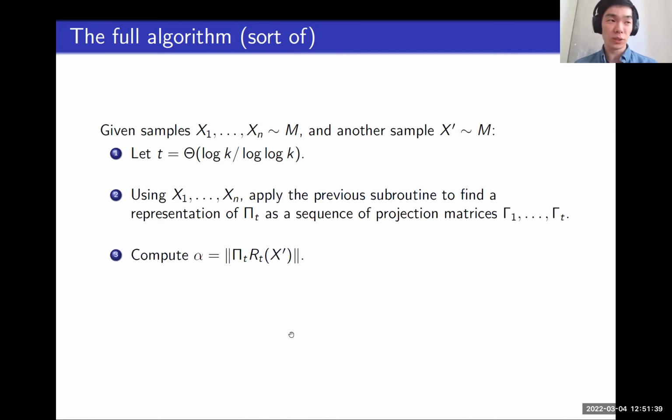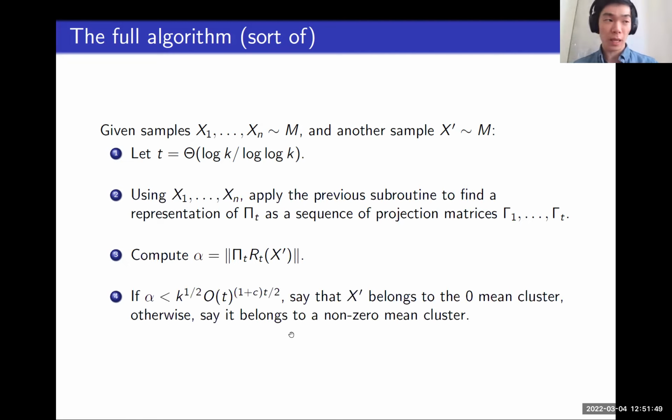Then we compute this randomized polynomial RT of the new sample, project using the projection matrix we computed, and measure the norm. If the norm is small, we say that x prime belongs to the mean zero cluster, and otherwise we say it belongs to the non-zero mean cluster. Because pi t has this nice implicit form, and RT has this rank 1 decomposition, this term can be computed efficiently, which is why we can run in polynomial time.